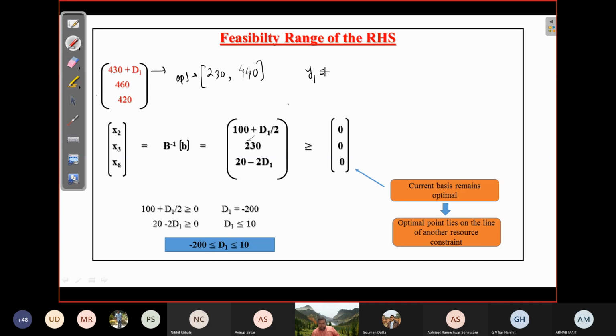Tell me, what is that, Y1? Change in value of the amount profit divided by the feasibility range. No, but we have computed, no? We have shown you what is the value of Y1 for this problem. 0.75, I guess.